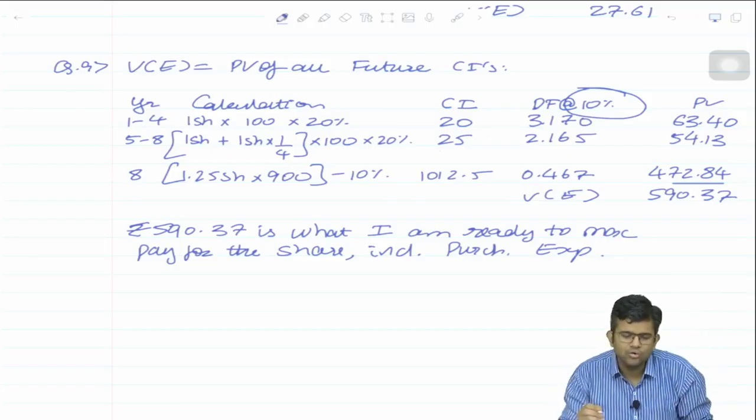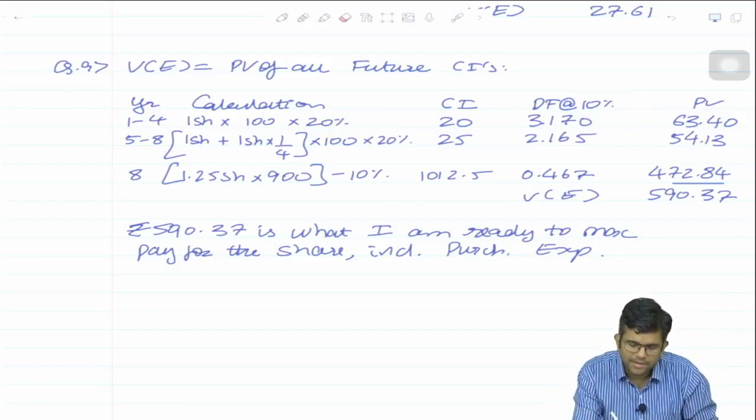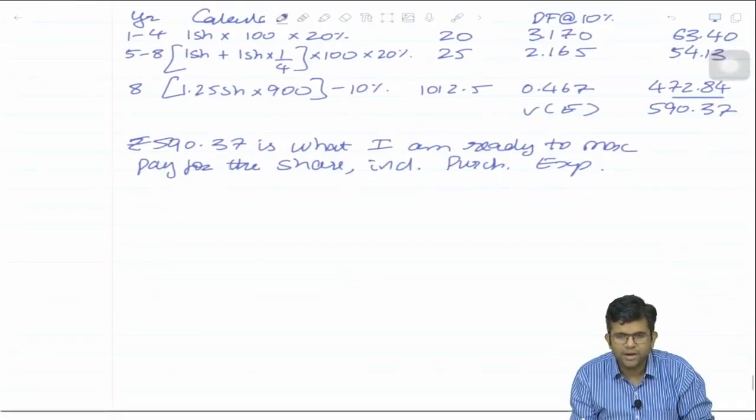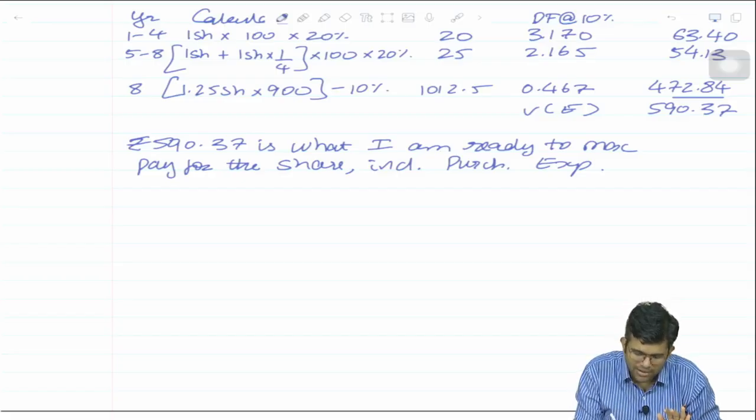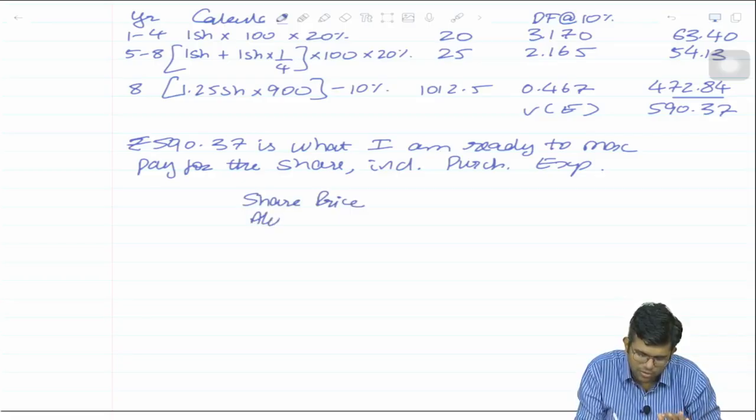So then do you all understand that this 590 is what I am ready to pay including the purchase expenses? You are understanding? So I am writing here share price alone, and I am writing here share price including purchase expenses.